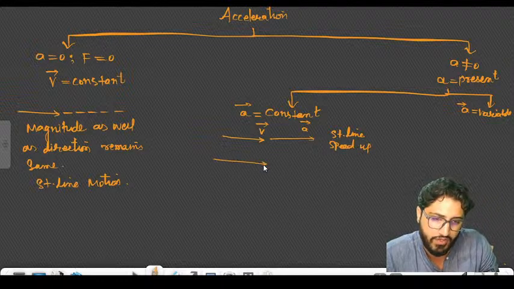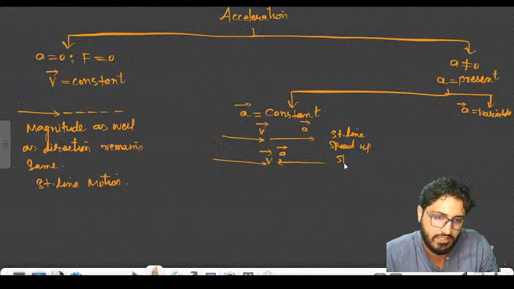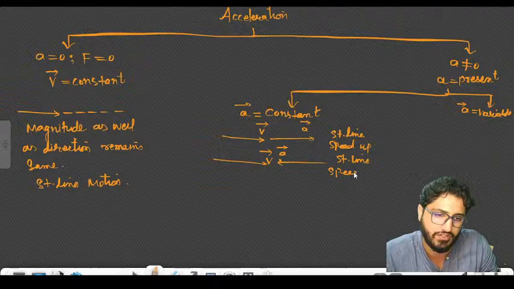If my velocity and acceleration are opposite to each other, still the motion is straight line motion, but it is speed down, retardation.